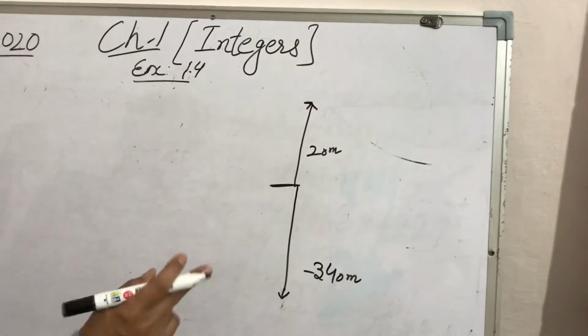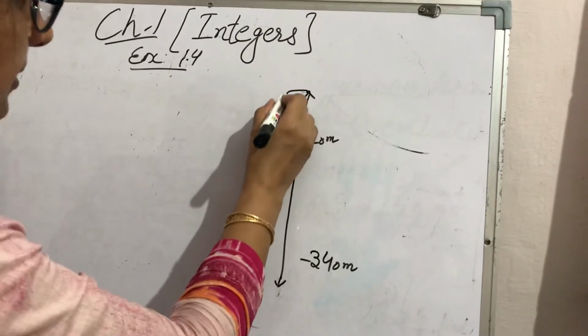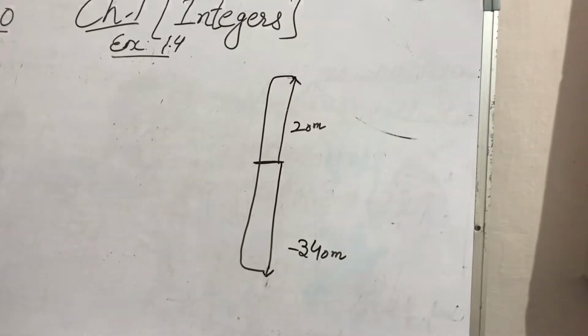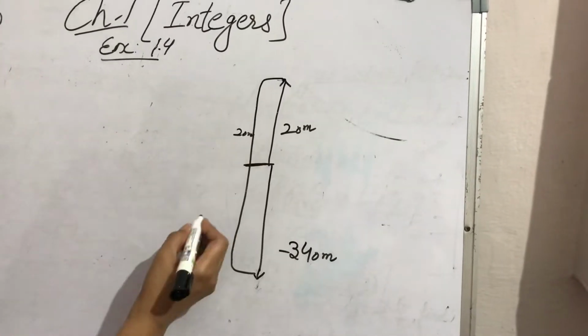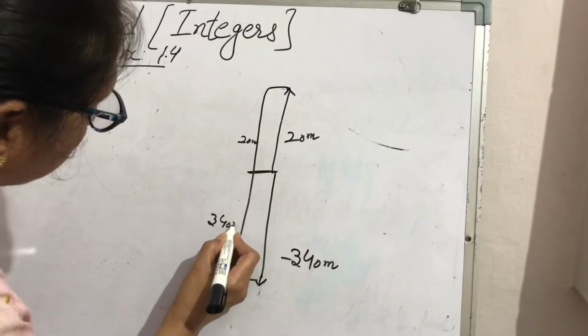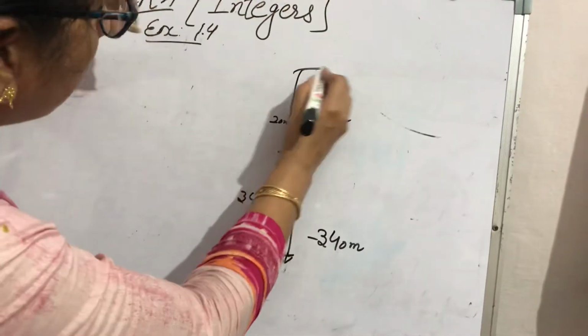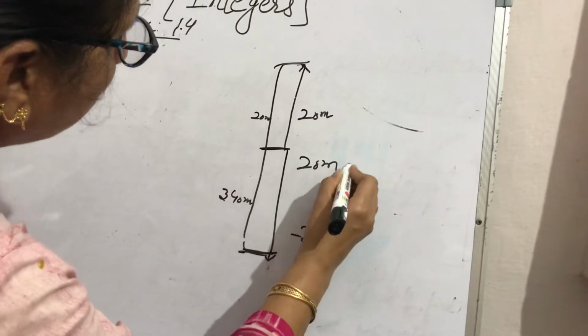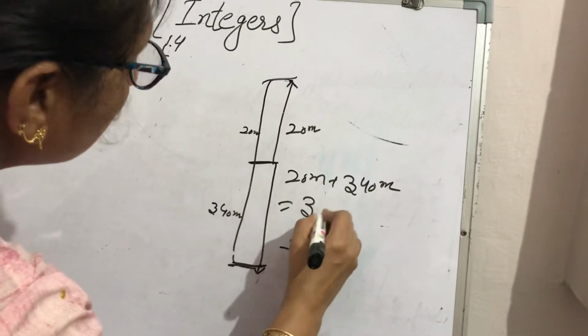But when we find the total distance, 20 meter above the ground and 340 meter below the ground, this total distance will be 20 meter plus 340 meter, it will be 360.